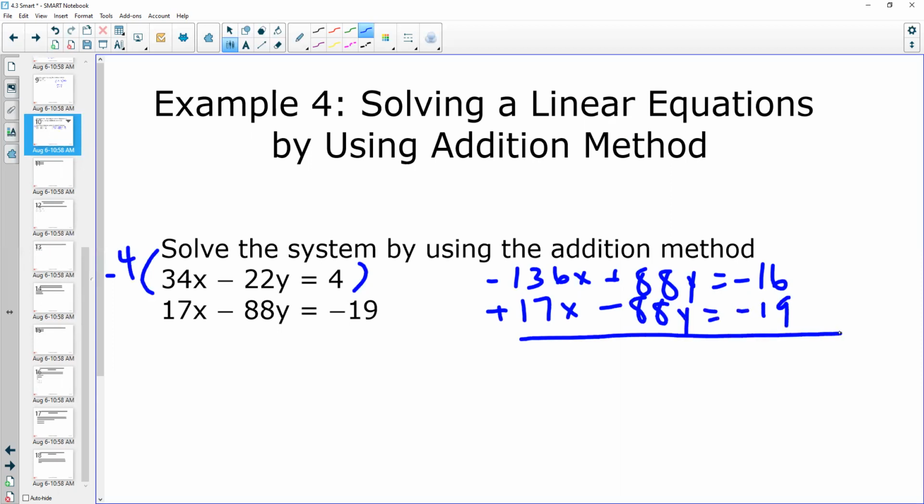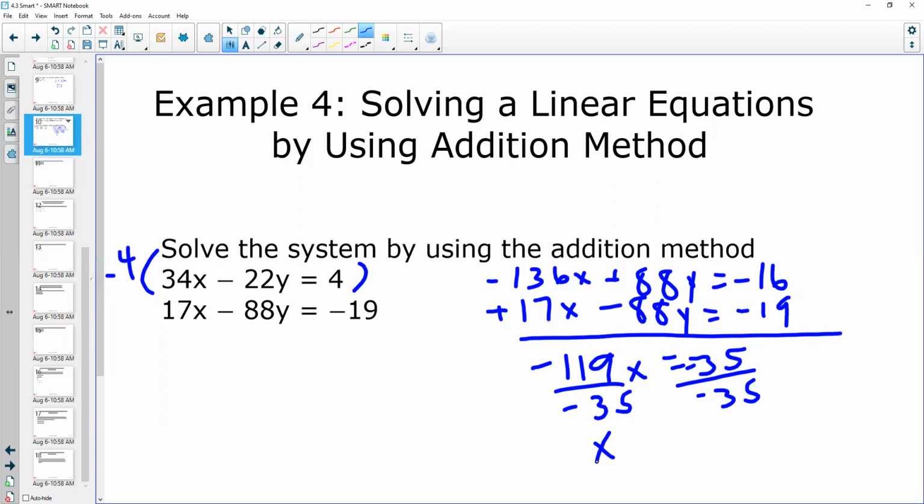I'm just going to combine my like terms. I'm going to get negative 119x equals negative 35 divided by negative 35. It makes a fraction. Holy cow. So x is going to be, well, let's simplify it. It's going to be positive, right?